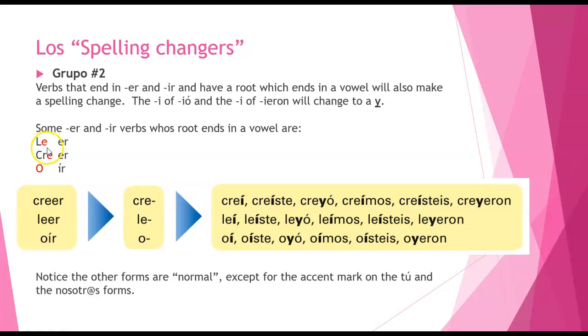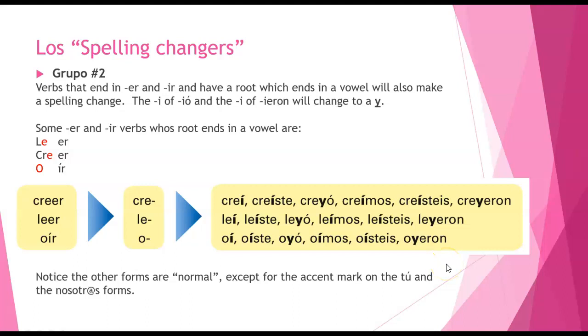So our root ends in a vowel. Creer, our root ends in a vowel. Oír, our root ends in a vowel. So you'll notice creyó, creyeron, leyó, leyeron, oyó, oyeron.